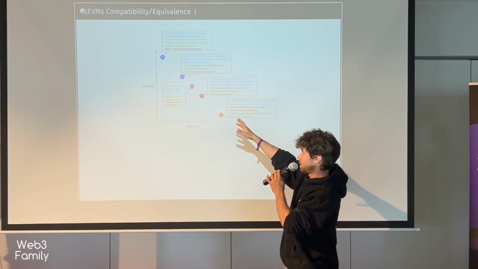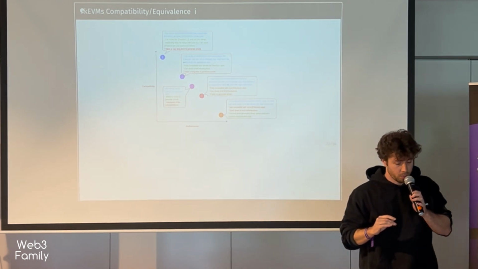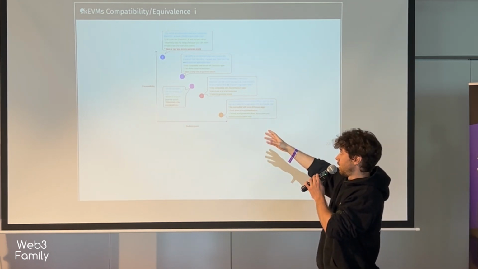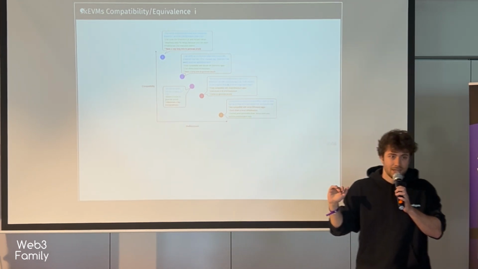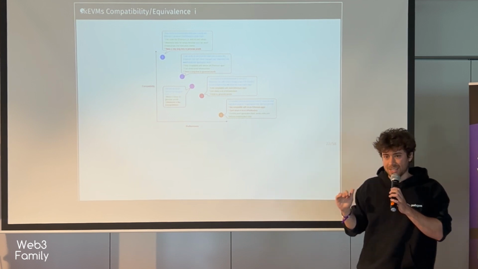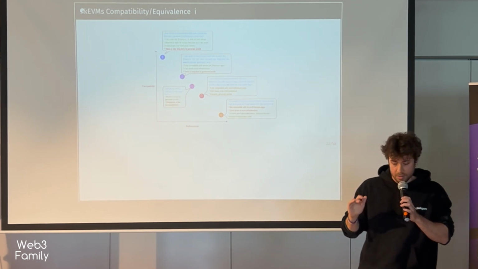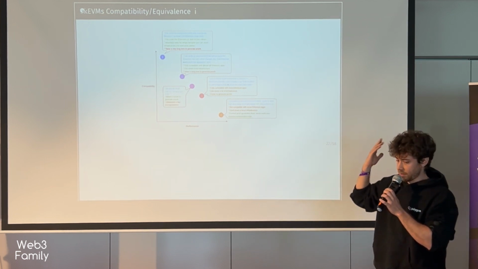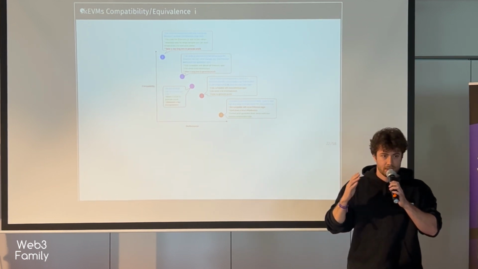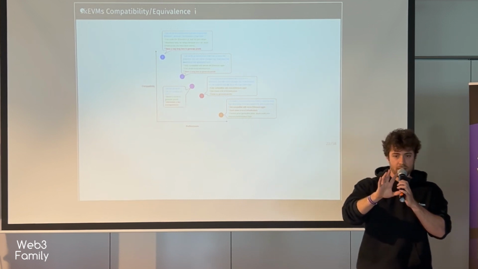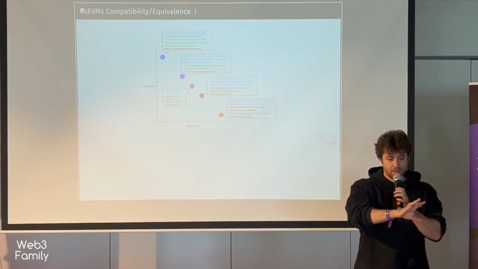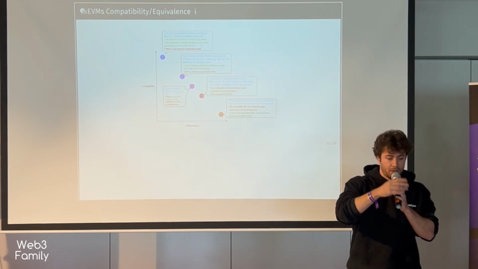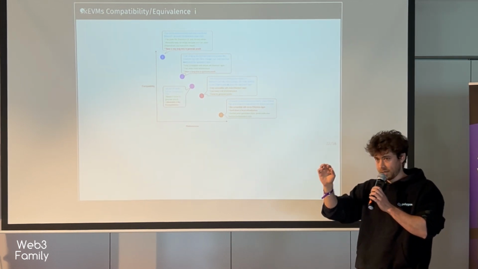More performance means that we are less compatible with the EVM. The types go from 1 to 4. 1 means that the L2 you are doing is exactly as Ethereum. It behaves exactly the same. And when I say exactly the same, do you remember when I talked about the Merkle tree, the state root? If I have a state in Ethereum and a state in the rollup, and I apply one transaction, I will get the same root.